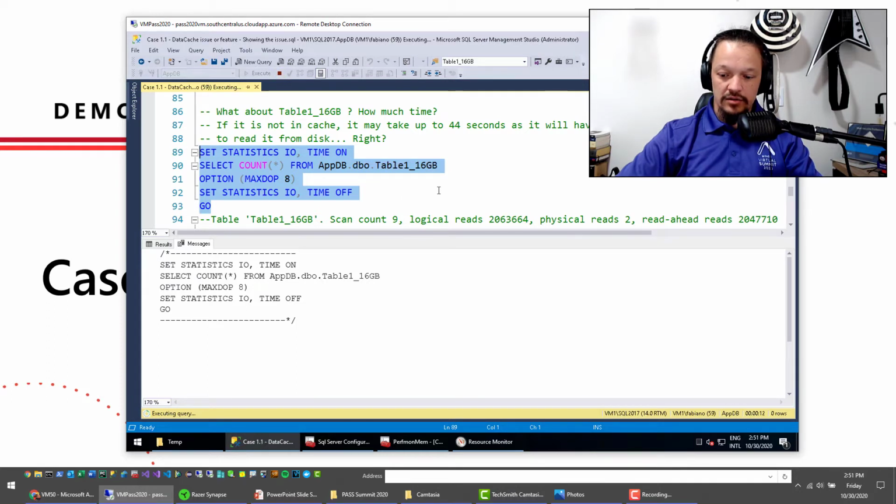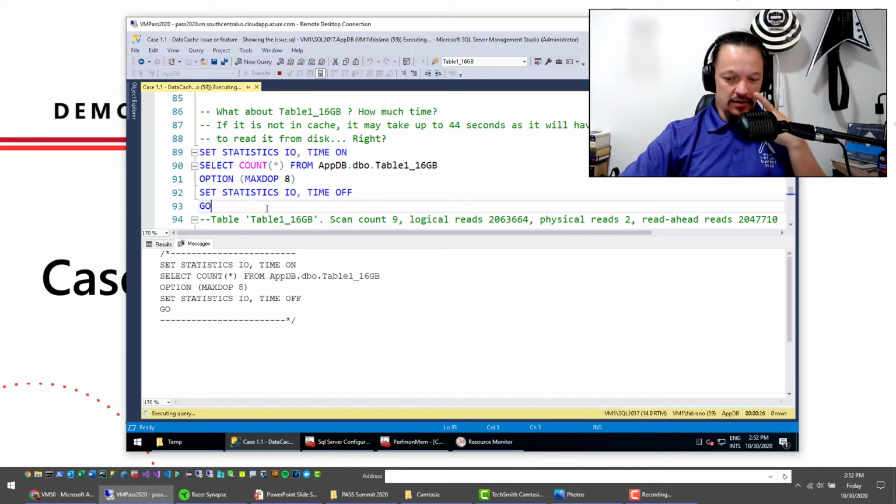Well, actually, it's already 12 seconds, but I could enable the live query statistics here to track the status of it, but I will do it for the next one. Let's wait for 44 seconds, and it should finish.